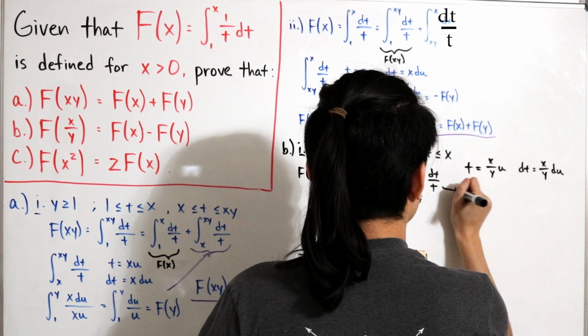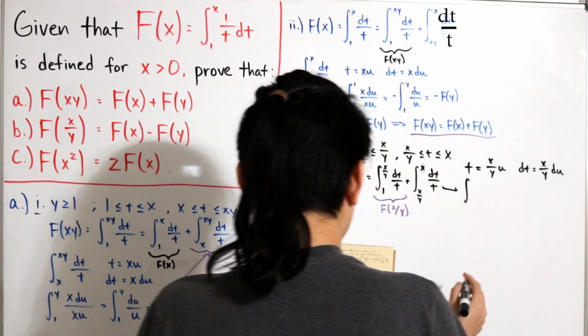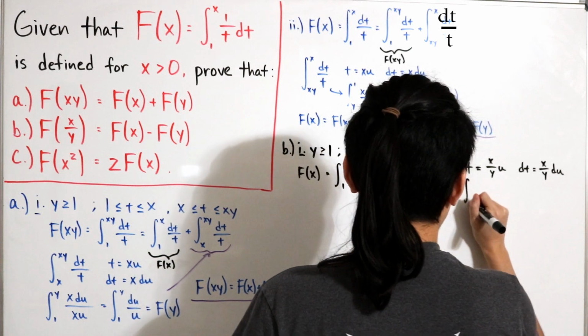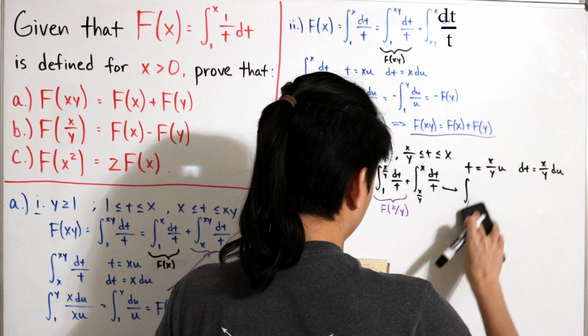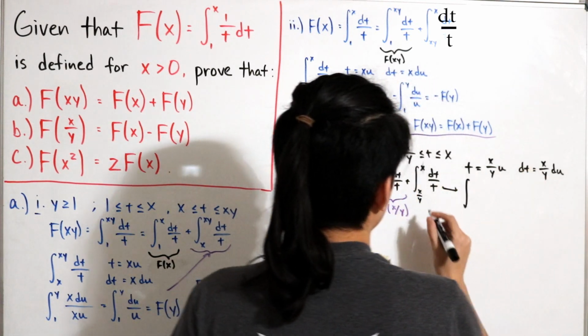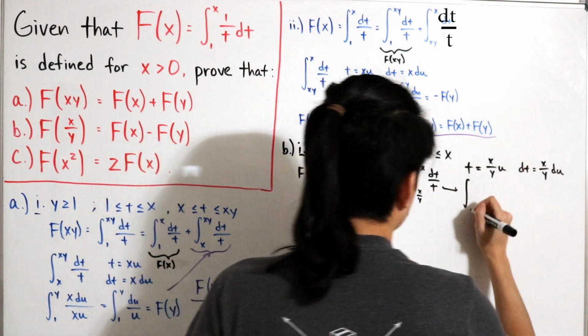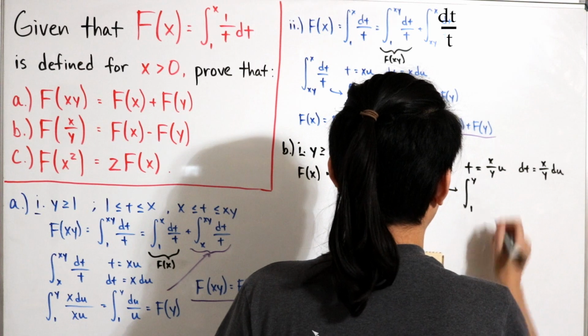So now we have new bounds. For t equal to x over y, u would be 1, and for the upper bound x, u would be y.